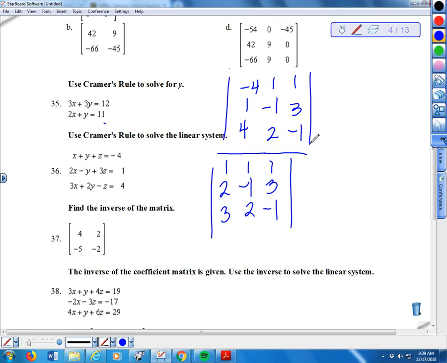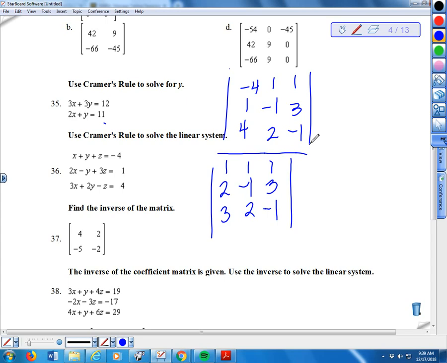Okay, with these, just get your calculator out. And then just do the second matrix. I'm going to go ahead and figure out what the denominator is. So 1, 1, 1, 2, negative 1, 3, 3, 2, negative 1.